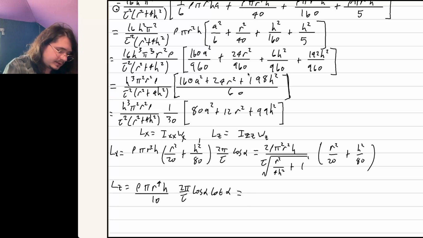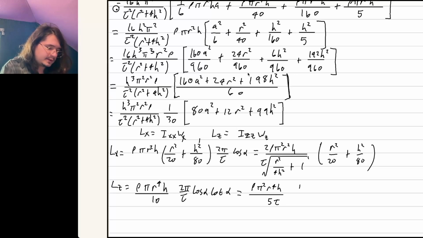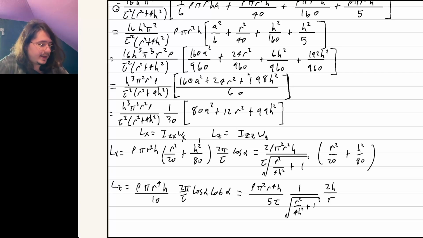So that is rho pi squared r fourth h over 5 tau times that junk. Times the other junk, which was 2 pi over 2h over r. Again, I don't see any point in simplifying this further. I really don't know what the point of this problem is. It just seems like algebra hell.